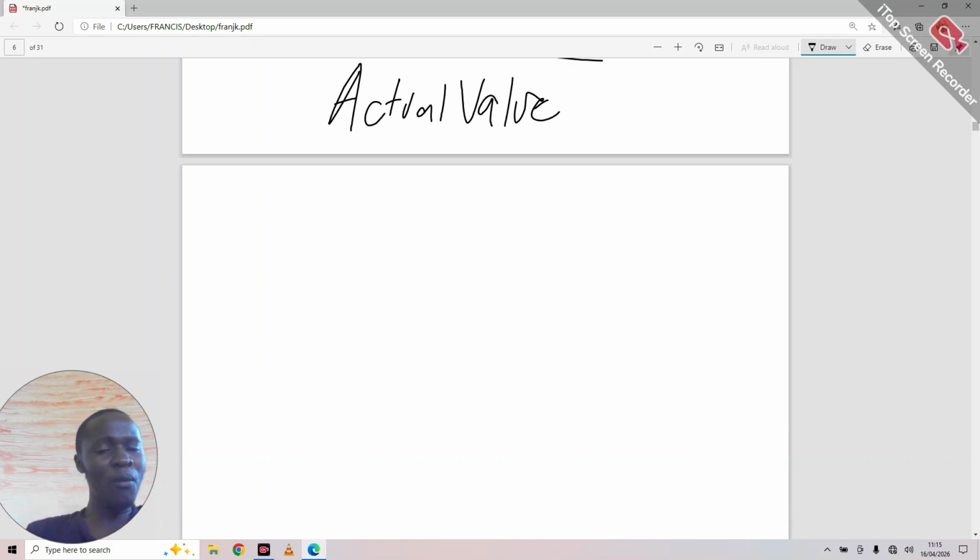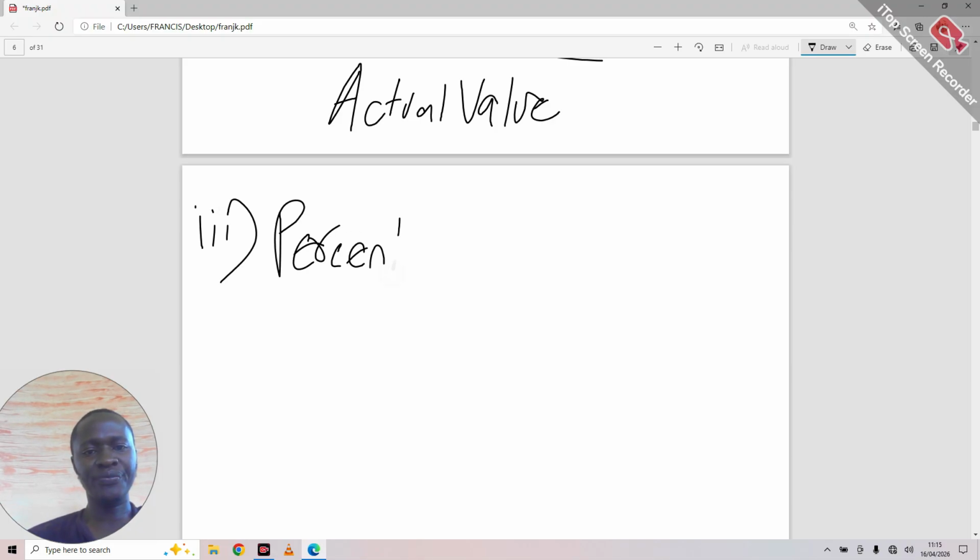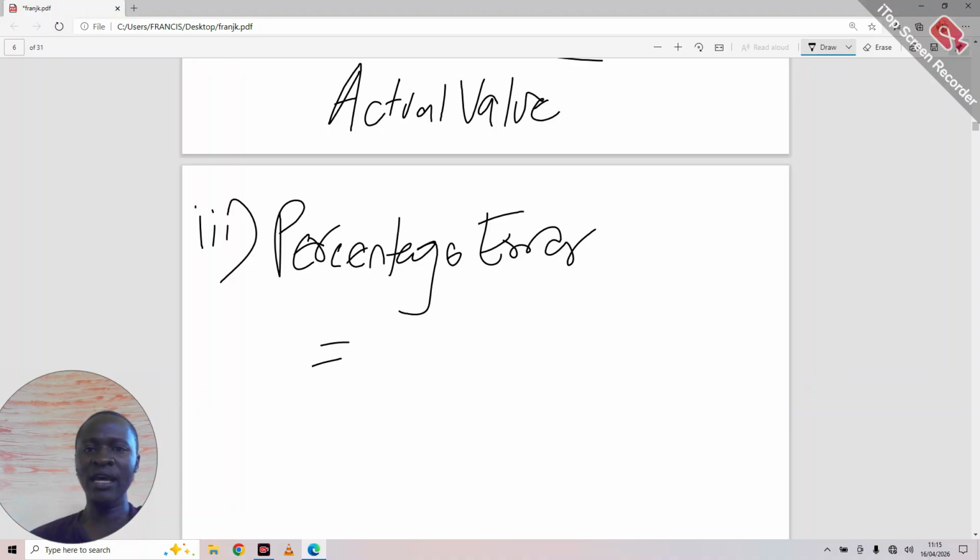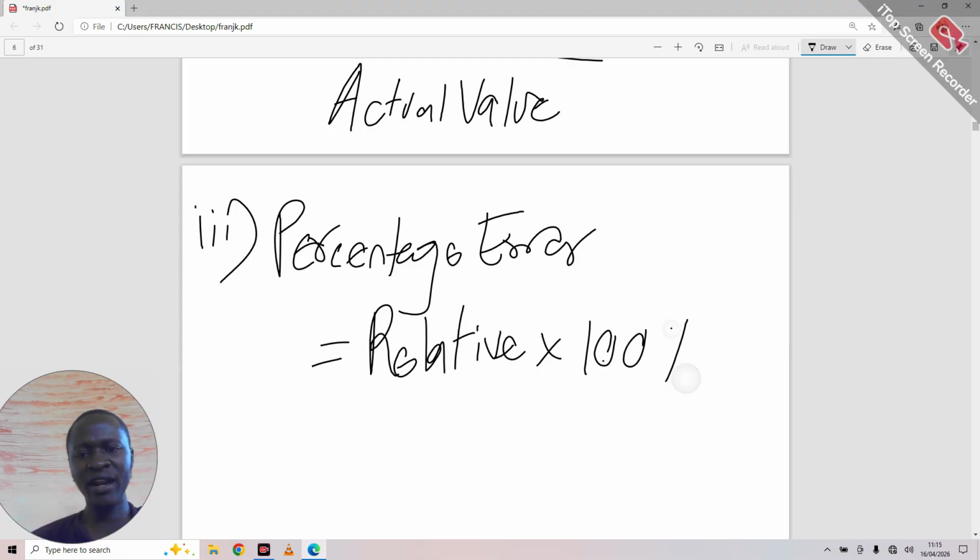Another term which is common in this part is percentage error, and we've looked at this. Percentage error is also present in approximation and errors. Now, percentage error is given by relative error multiplied by 100%.